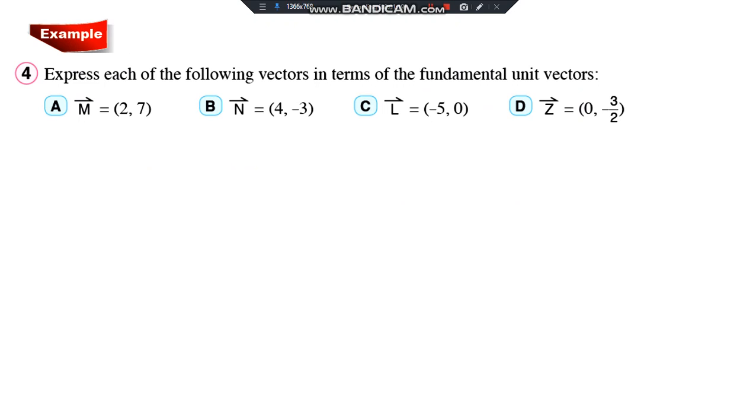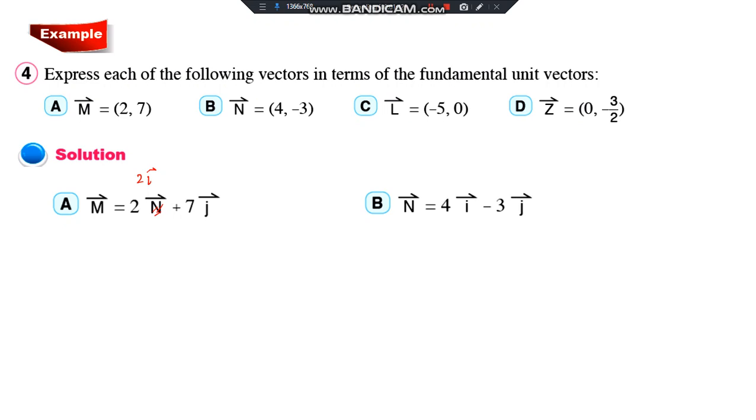I have an example. We want to express each of the following vectors in terms of the fundamental unit vectors. In fundamental unit vectors, we use i and j. So we can write m, the ordered pair 2 and 7, as 2i plus 7j.